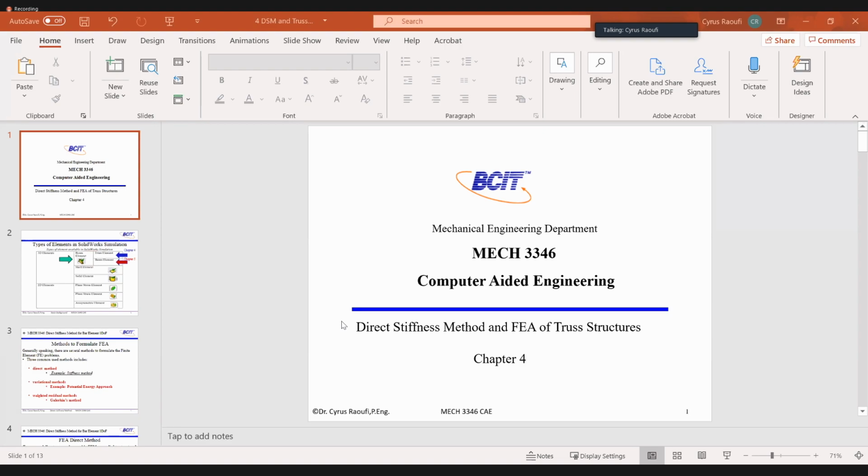Then there are two aspects to chapter 4. We have truss structure and one directional beam element. And also we have direct stiffness method, which is the theory behind the software to solve the typical FEA problem. And let me just move on and show you what's happening here.